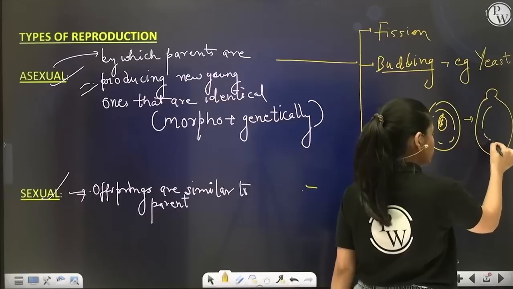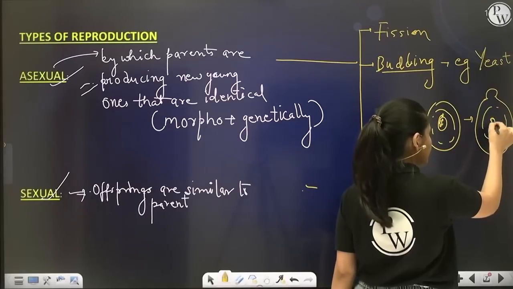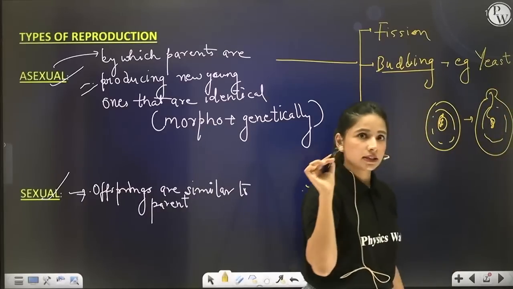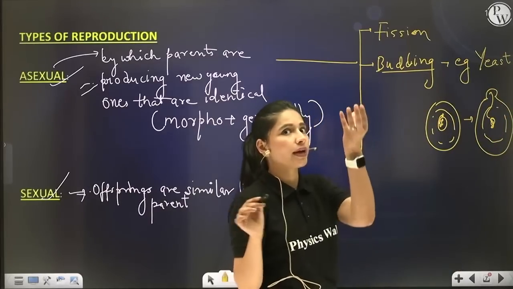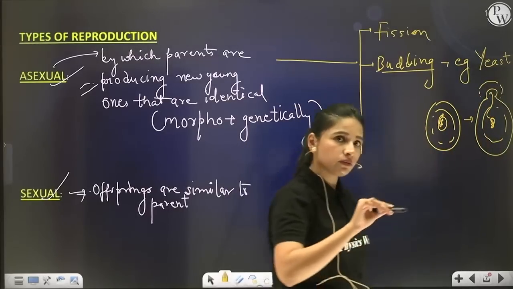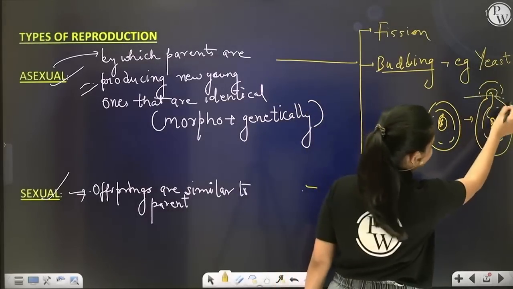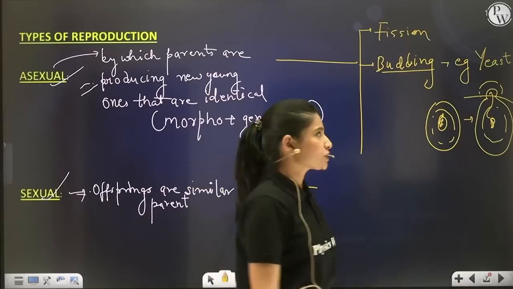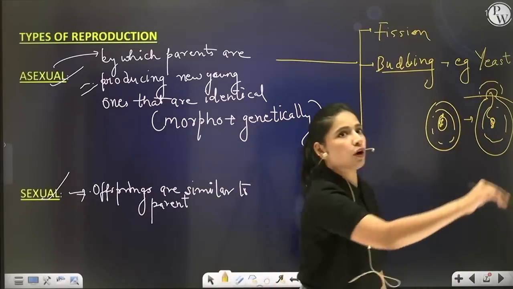Some amount of cytoplasm along with the genetic material is going to move into this protuberance. This protuberance is going to grow in size, and a time will come, it is going to detach from the parent body and will establish itself as a daughter cell.